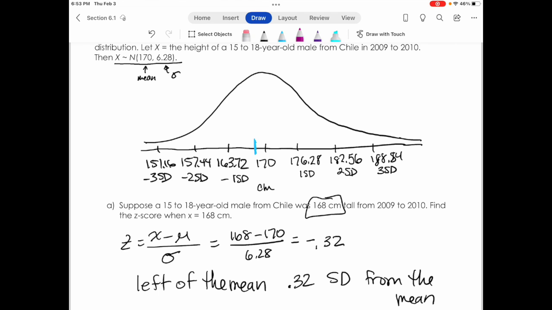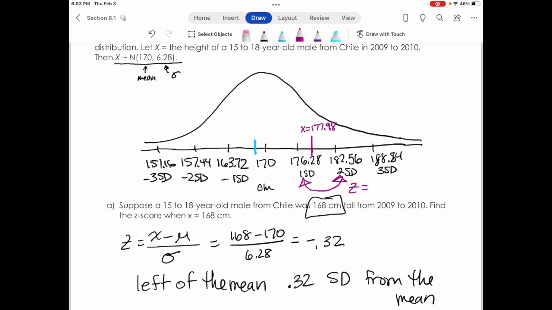So if we come up here and look at it on the chart, I'll use purple for this one. If we look for 177.98, that's going to be somewhere around here. And if you notice, it's between 1 and 2 standard deviations above the mean, and that's why z is positive.